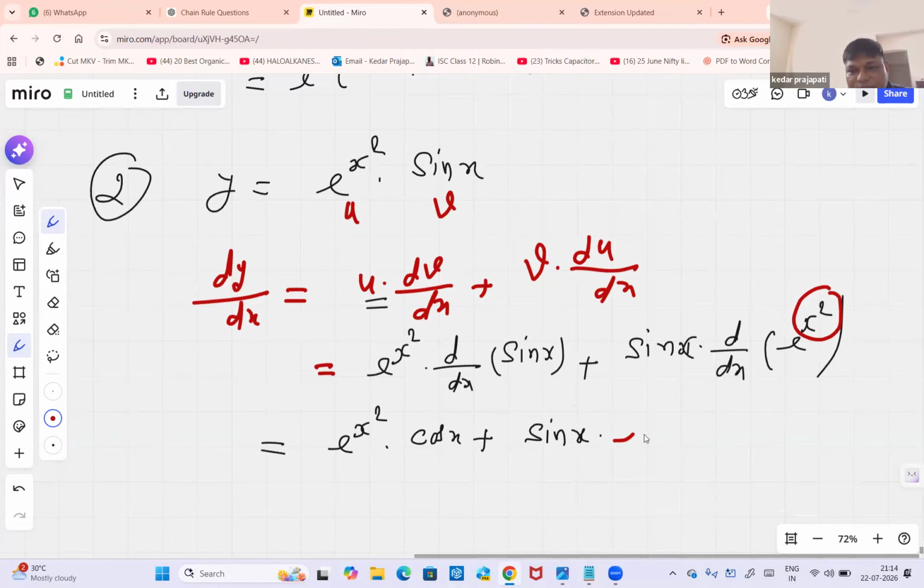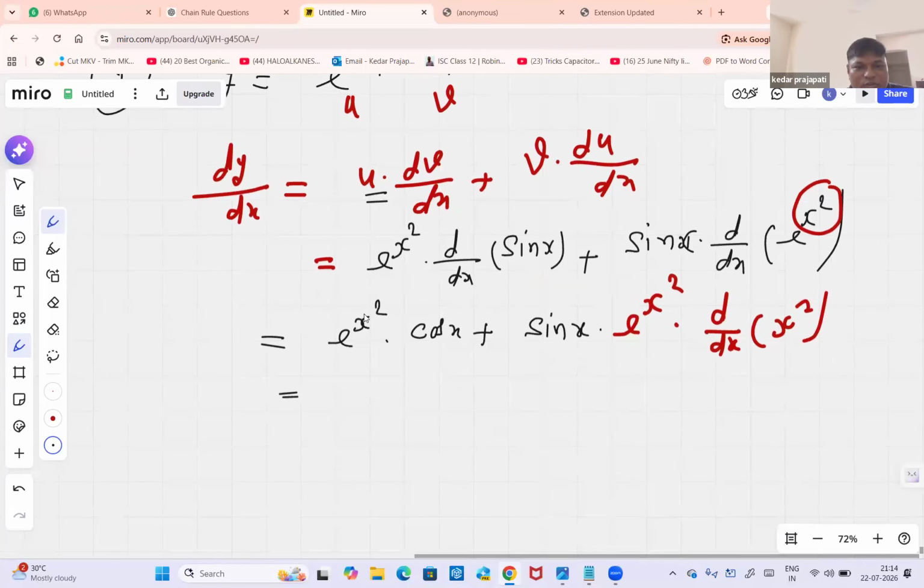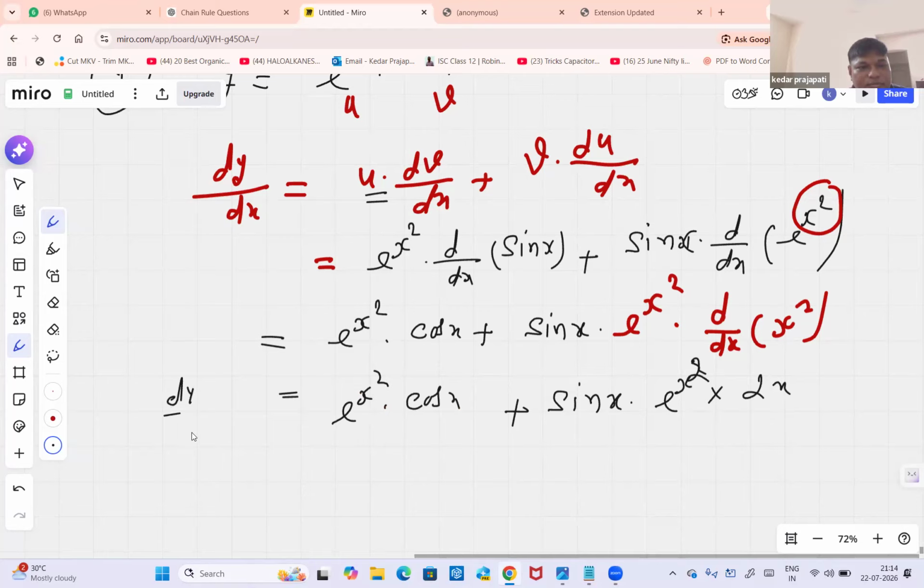So this will become e to the power x square and then differentiate x square: e to power x square into d by dx of x square, which is 2x. So this is our answer. Clear?